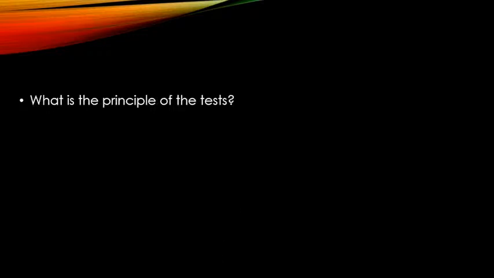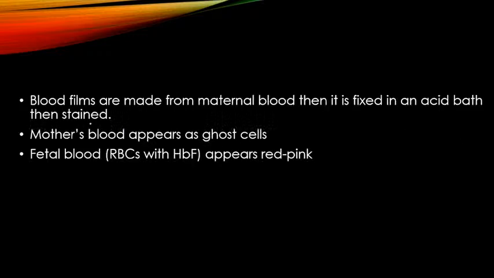Now, what is the principle of the test? In Kleihauer-Betke, blood films are made using the mother's blood that is fixed in an acid bath. So instead of using methylene blue, you're going to use an acid bath.